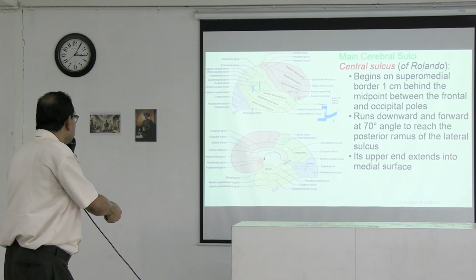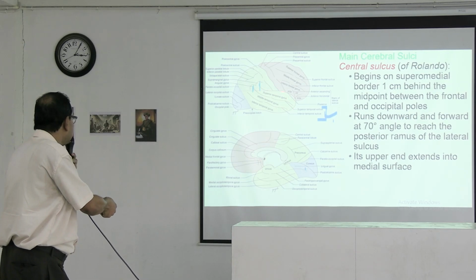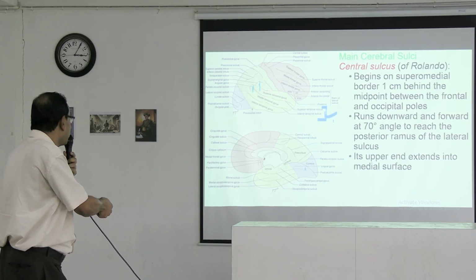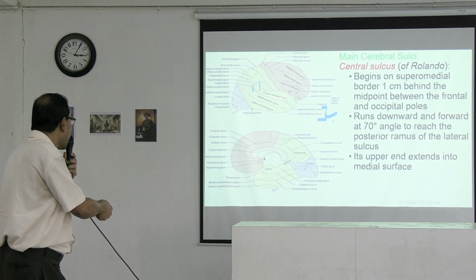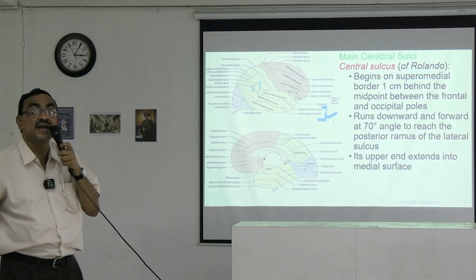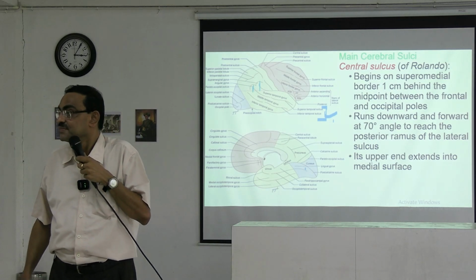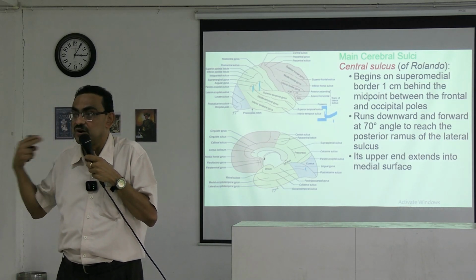So, hearing, ultimately it is related to the superior frontal gyrus. From area 41, 42, there is another area, that is area 22 and area 39, 40. They are called the secondary auditory area. Primary is 41, 42.